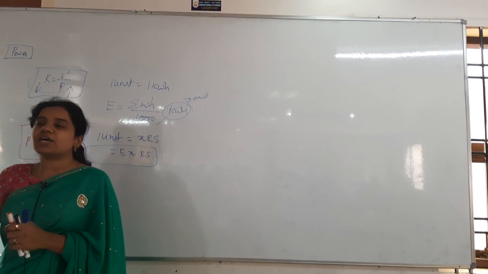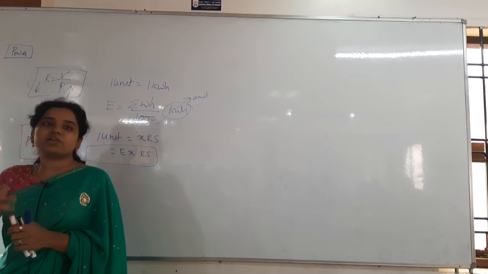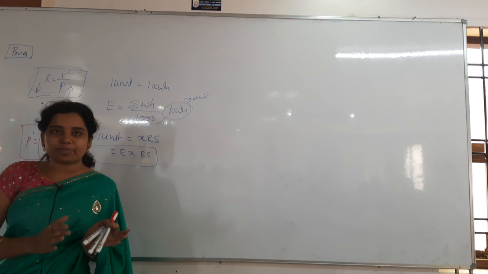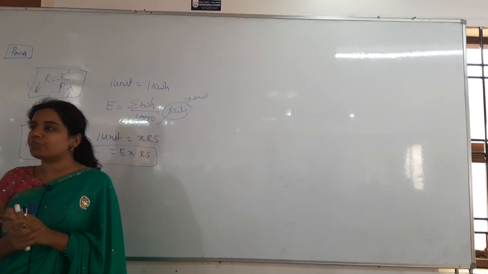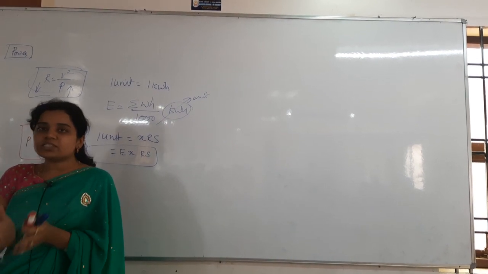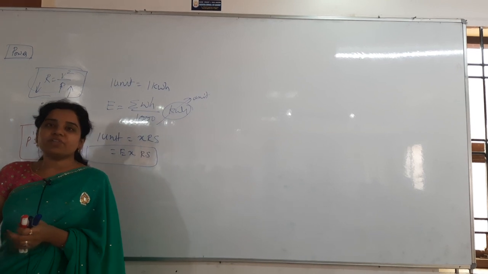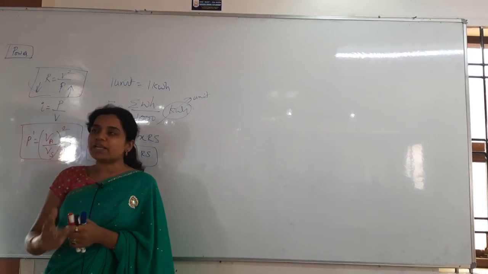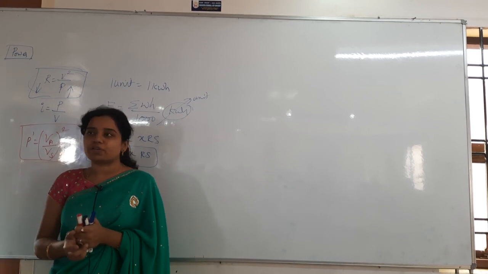Before that, you have to understand which will glow with more brightness. In series combination and in parallel combination, both will be completely opposite to each other. In series combination, the bulb with less wattage will give more brightness. More brightness is nothing but it is consuming more power.